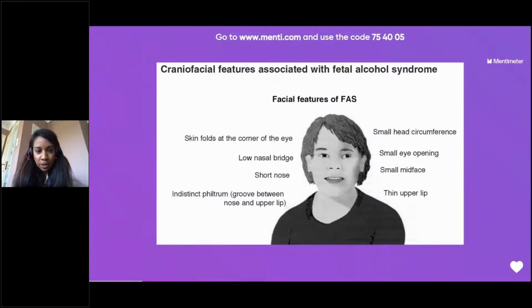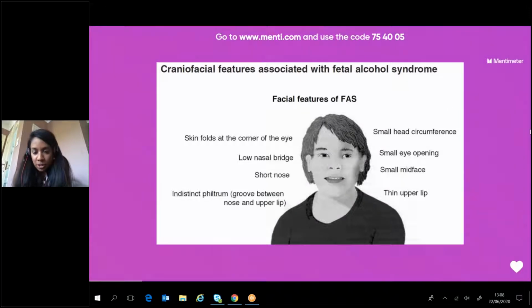As you can see in this picture, we have the indistinct smooth philtrum, short nose, low nasal bridge, and then as some people quite rightly said, microcephaly as well. You can't really say from this picture, but growth, small head circumference, small eye opening, and also a thin upper lip.